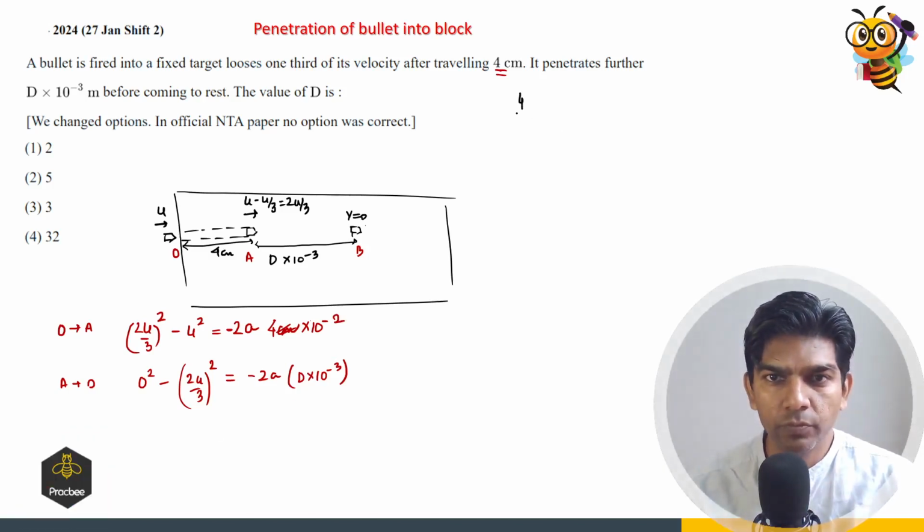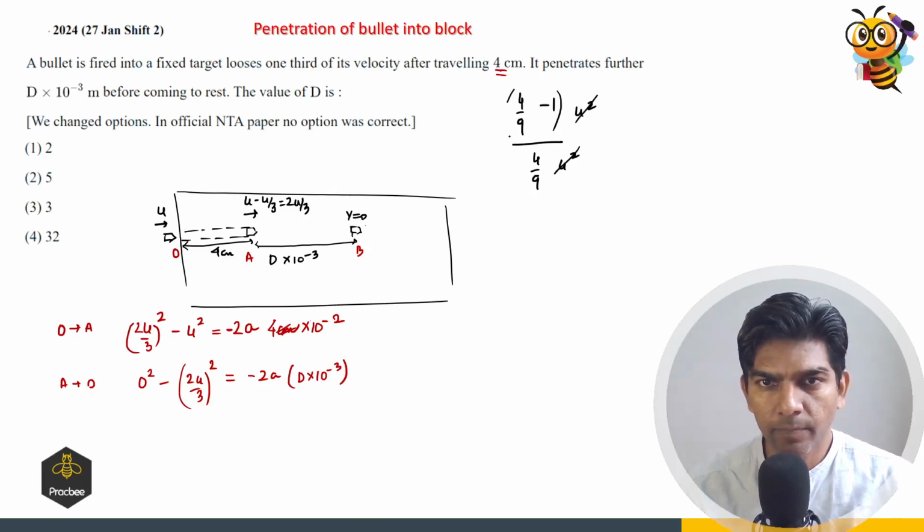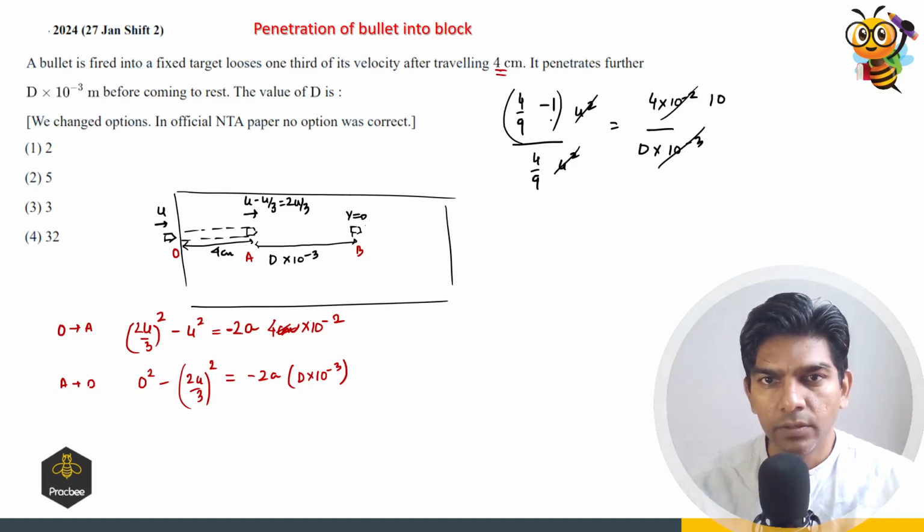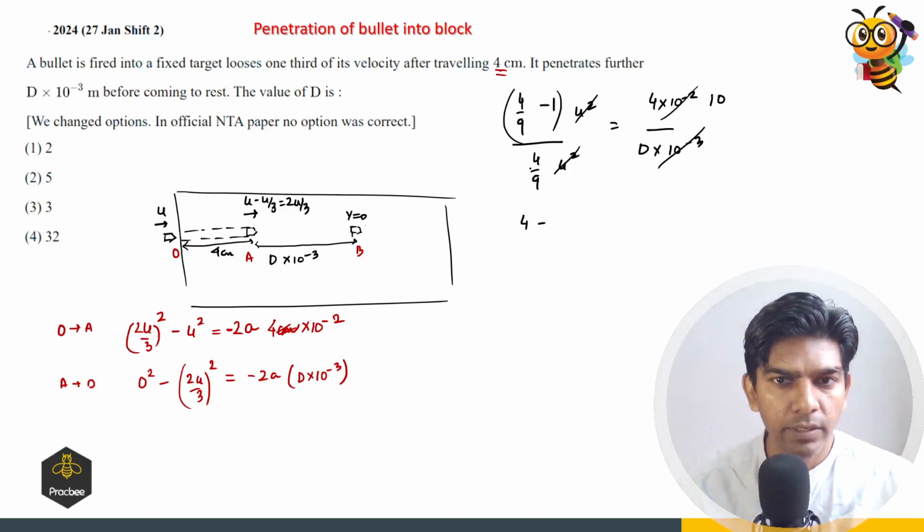So it will be 4 by 9 minus 1 divided by 4 by 9. So u square will get eliminated, and 2a will get eliminated, so that will give 4 into 10 raised to power minus 2 divided by d into 10 raised to power minus 3. So this will give us 10 in the numerator. So it will be 4 minus, yeah, there is a negative here.